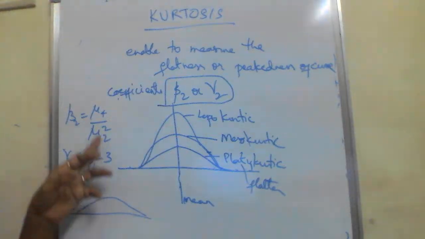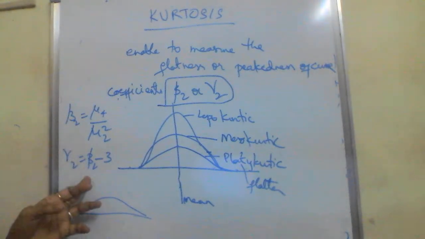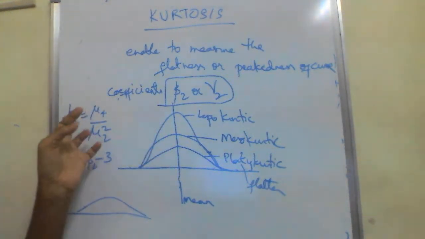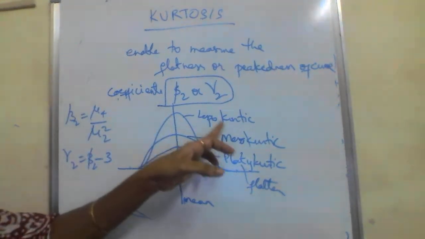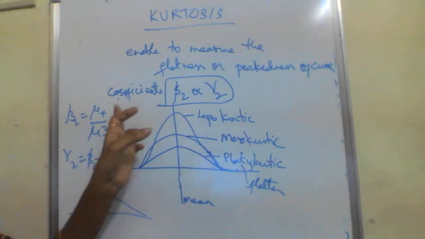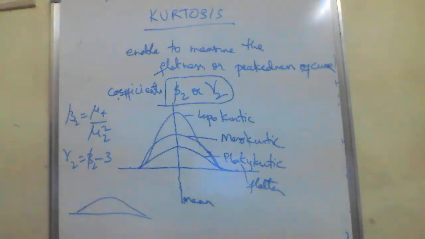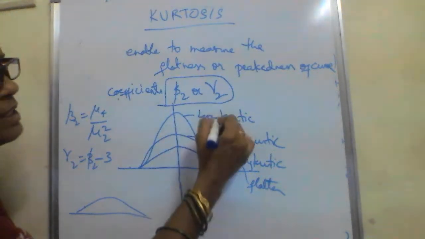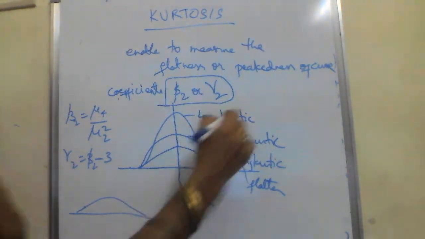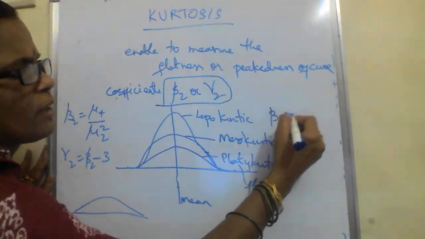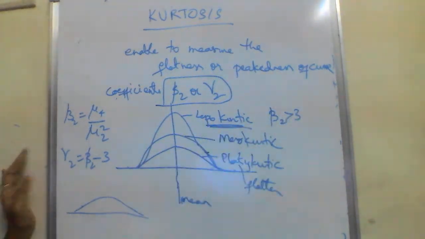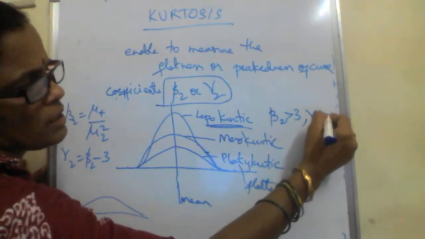Making use of these two coefficients, you measure the kurtosis. For the leptokurtic curve, beta 2 is greater than 3 and gamma 2 is greater than 0.